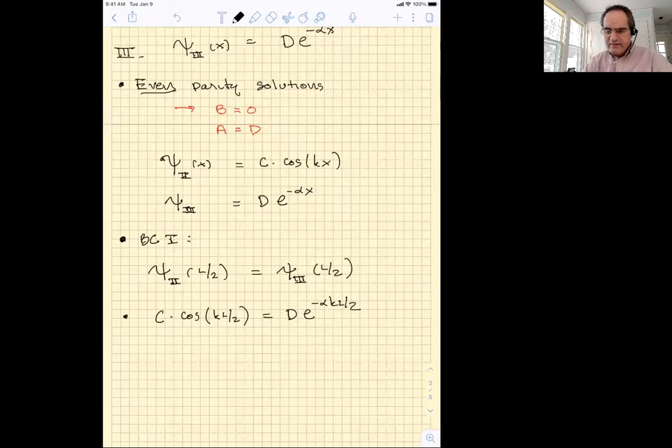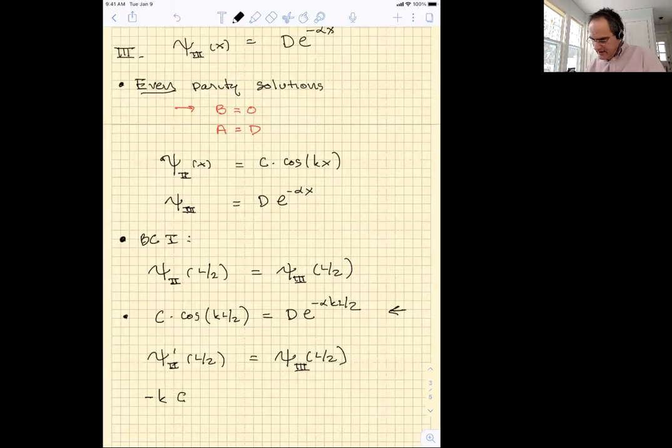Our second boundary condition uses the slope. So the slope of the wave function also has to be continuous at the boundary. And this gives us a second equation. So the first derivative of psi 2 is minus k times c times sine of k times L over 2.